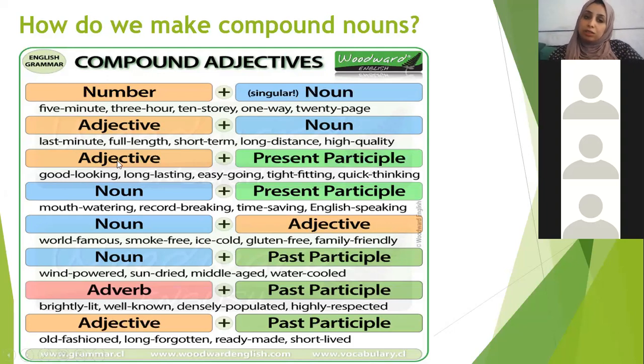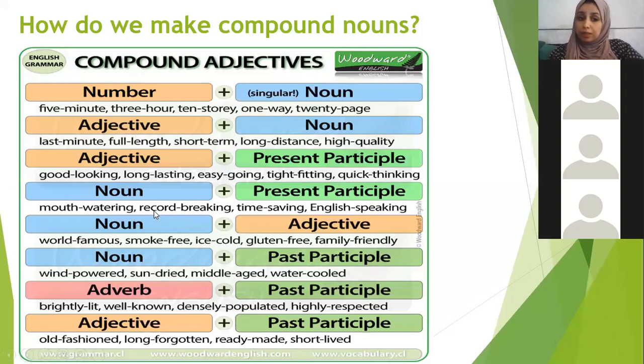You can add an adjective and then a present participle, the -ing form. So good-looking, good is the adjective, and looking is the present participle of the verb. You can also do noun and present participle, for example mouth-watering, record-breaking.